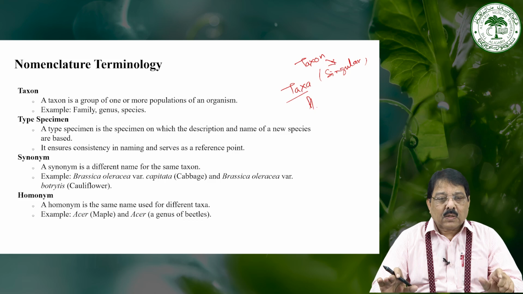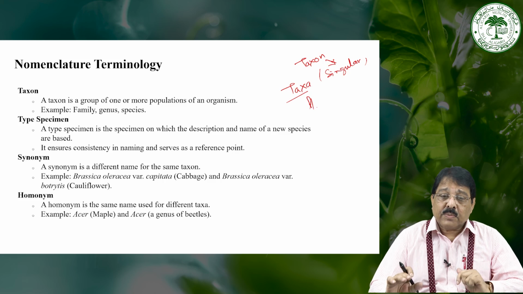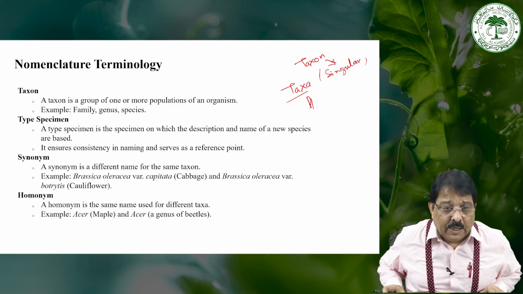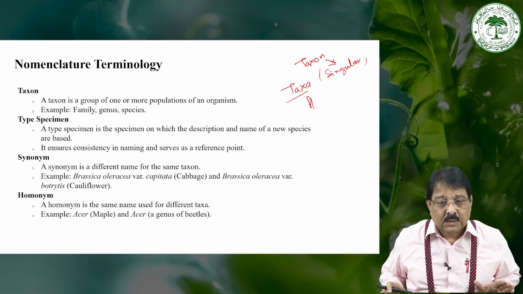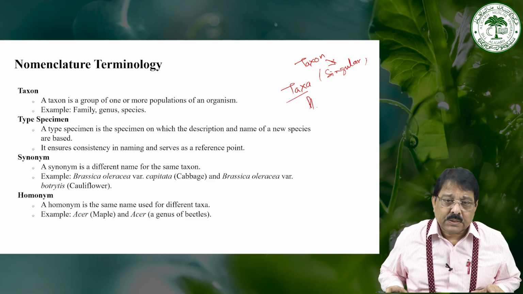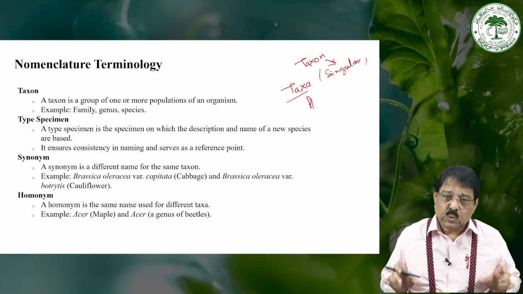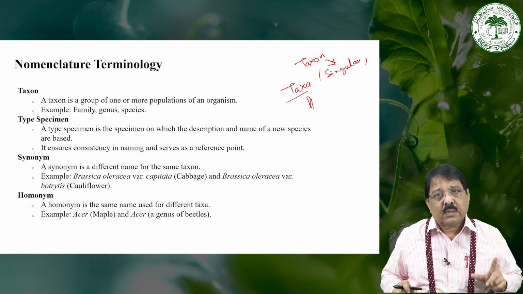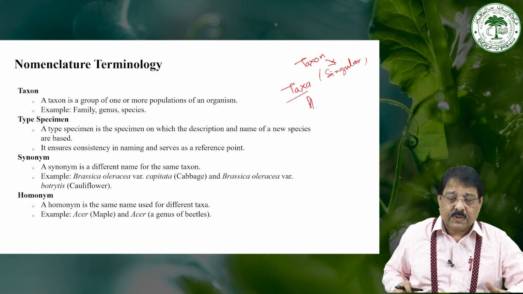So that is called homonyms. If it is existing, then it may be replaced by a new name. For example, Acer, the maple plant, and the Acer genus of the beetles. So two same names cannot be for different plants.